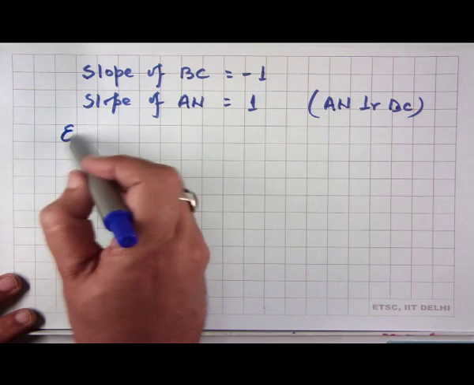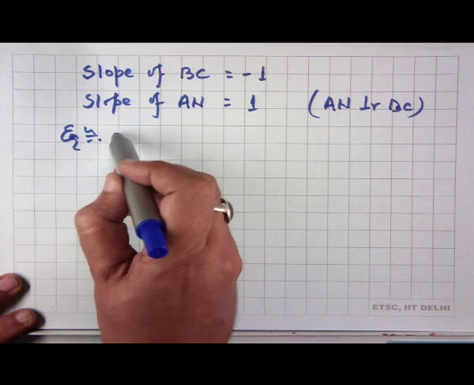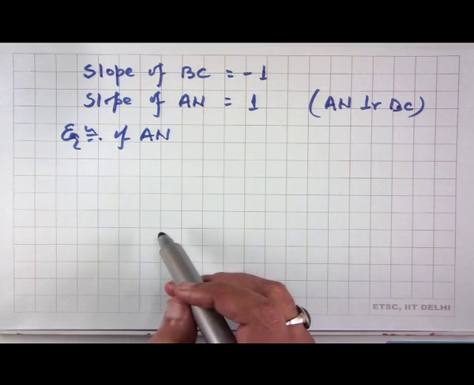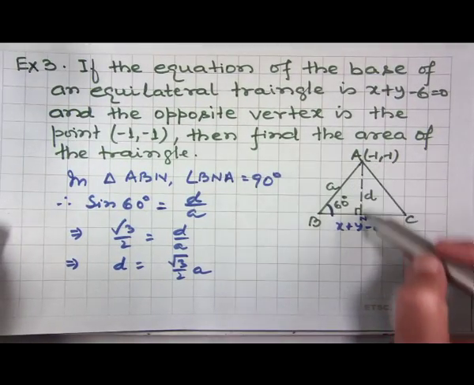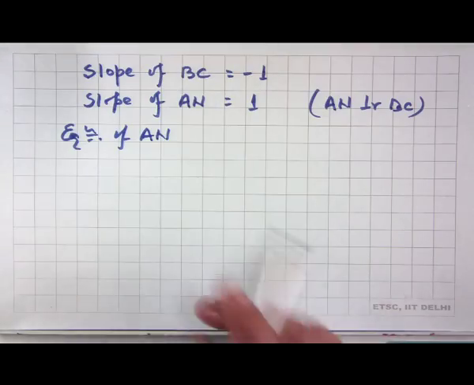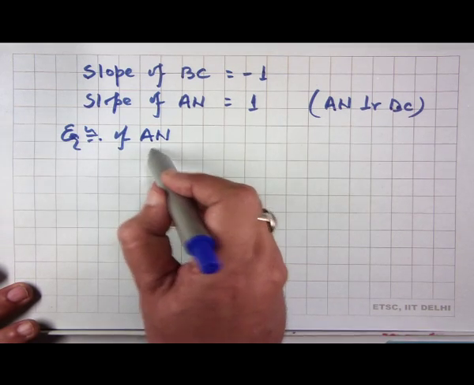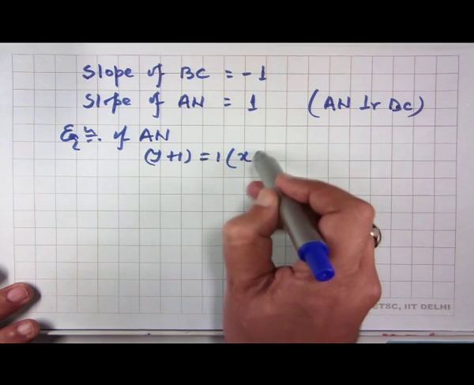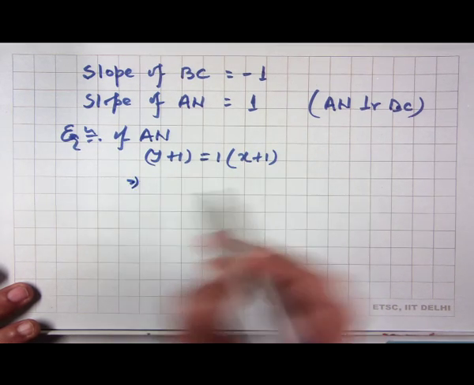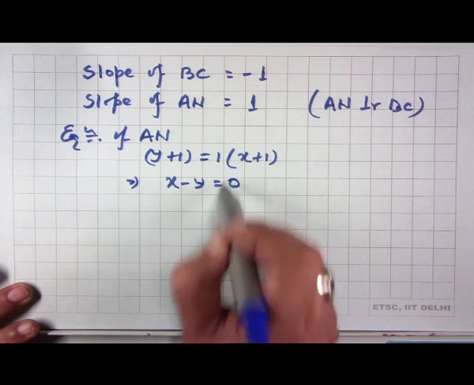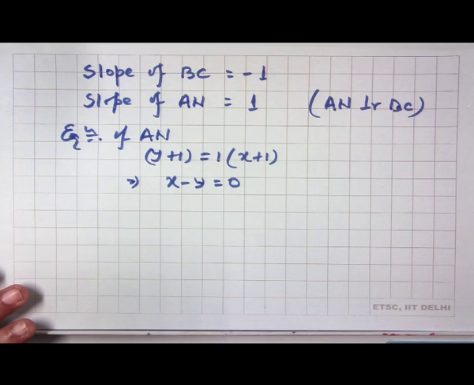So the equation of AN, whose slope is 1 and passing through minus 1, is y plus 1 equal to 1 times x plus 1. So x minus y equal to 0.